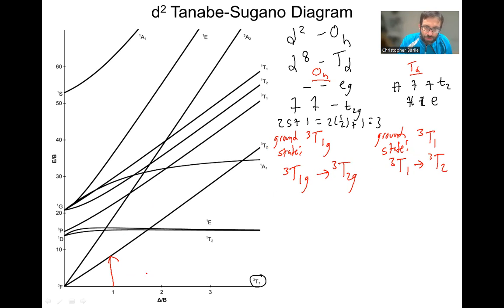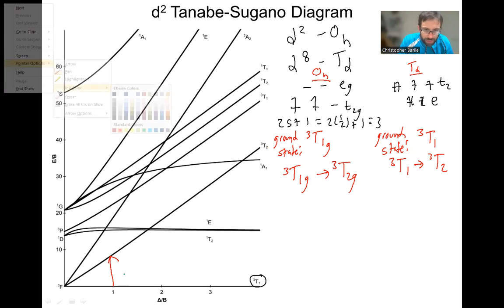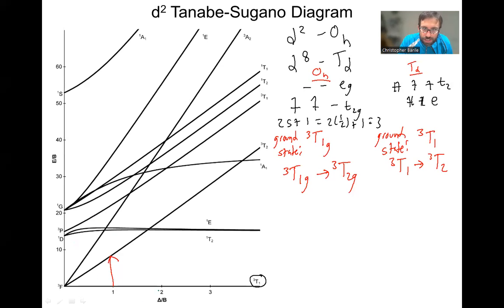And then we could go further on here and look at our next spin-allowed transition. We have a triplet T1 state up here. That's this line coming from the triplet P. Sometimes it's useful to look at the free ion term from which they're derived, just to guide your eyes a bit. And if we were the same molecule, technically we would be at the same energy here, or the same ligand field strength rather.